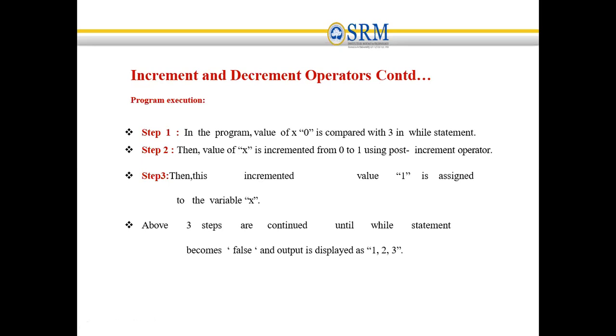Then this incremented value 1 is assigned to the variable x. The above 3 steps are continued until the while statement becomes false. Therefore, the output is displayed as 1, 2 and 3.